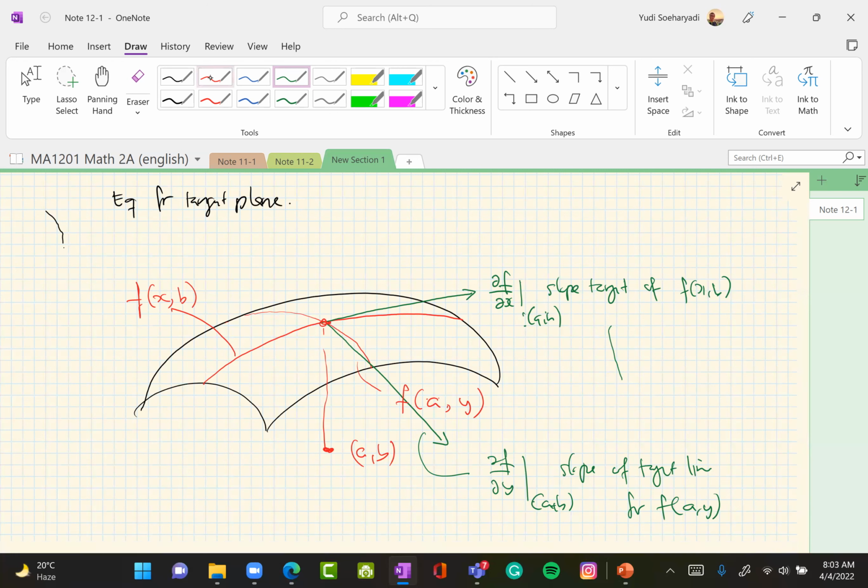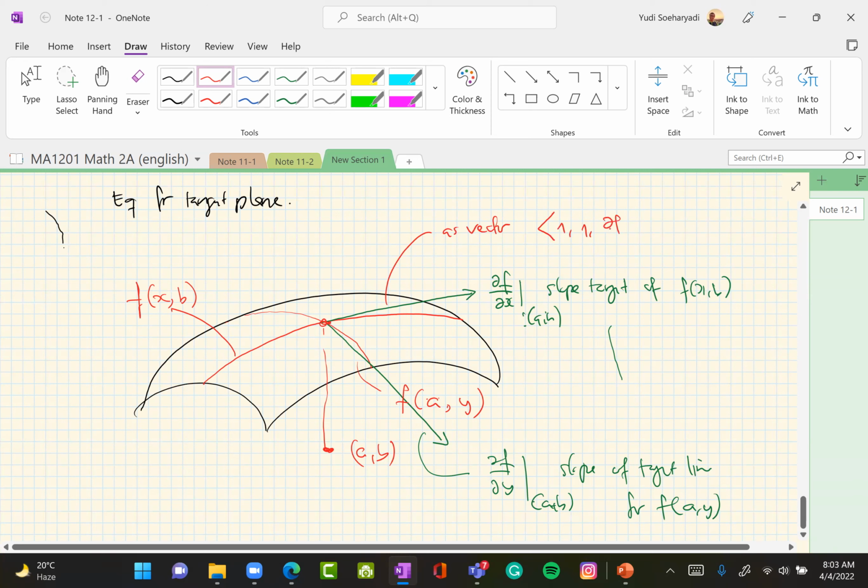So now as a vector, we say this is, we call it, say, this is 1, 0, df dx. And this one as a vector, this is 0, 1, df dy. Why 1? Because it's going y 1 and then it's going up like this.